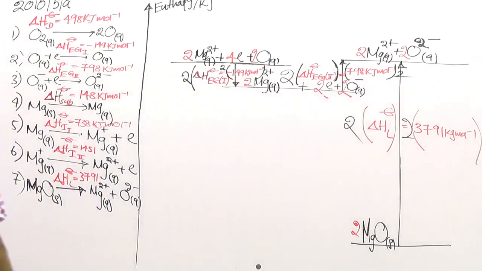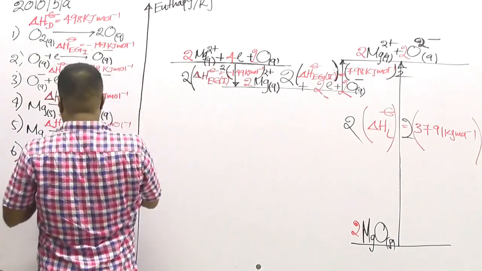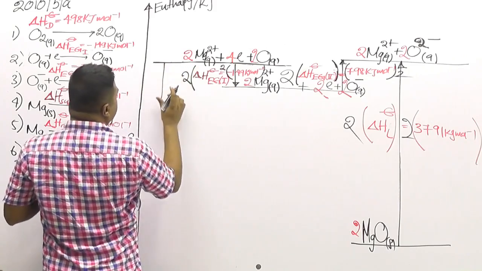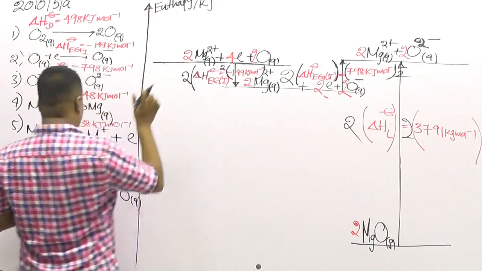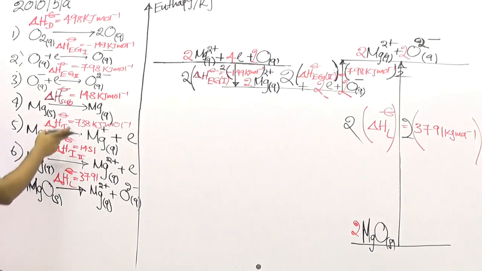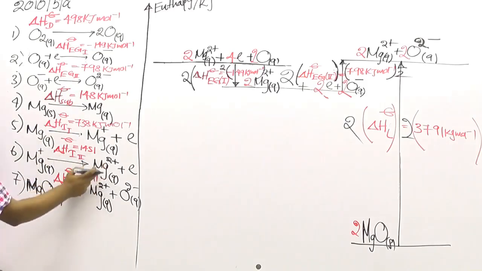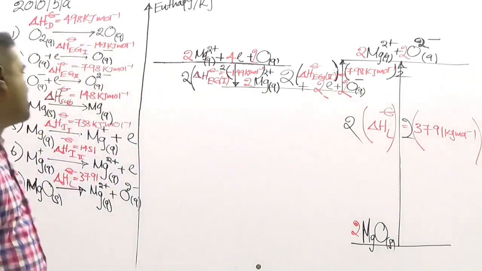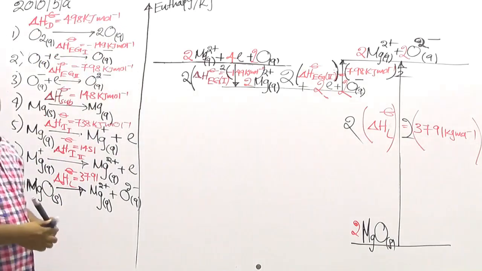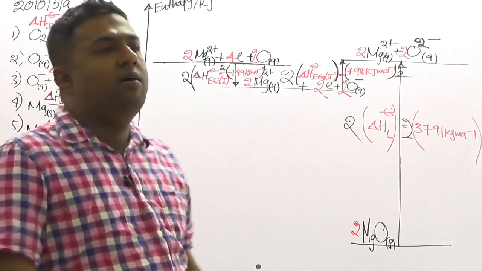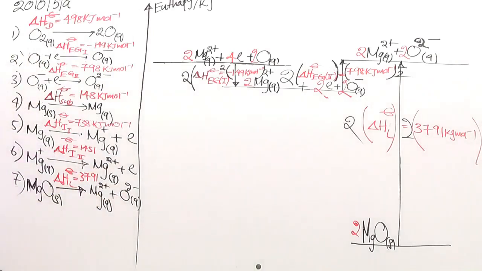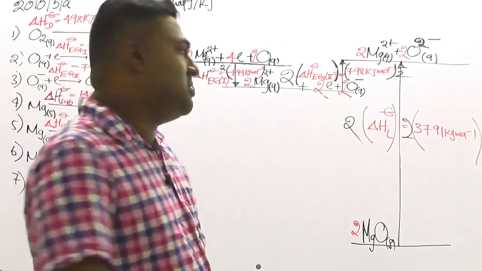Production of magnesium 2 plus, that is what you call the second ionization energy of magnesium.